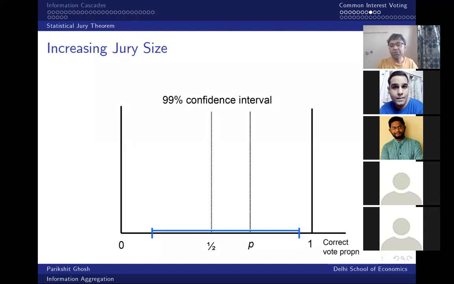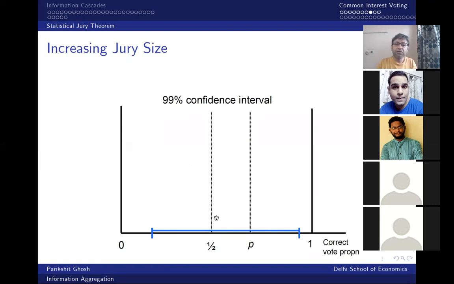Based on these distributions, I can construct that, right, that 99% of the probability will lie in this range regarding the fraction of correct votes. Yes, so you have the blue interval. And if it looks like this, that means the probability that they'll choose correctly is less than 99%. Why? Because part of the 99% confidence interval stretches into the below half territory.